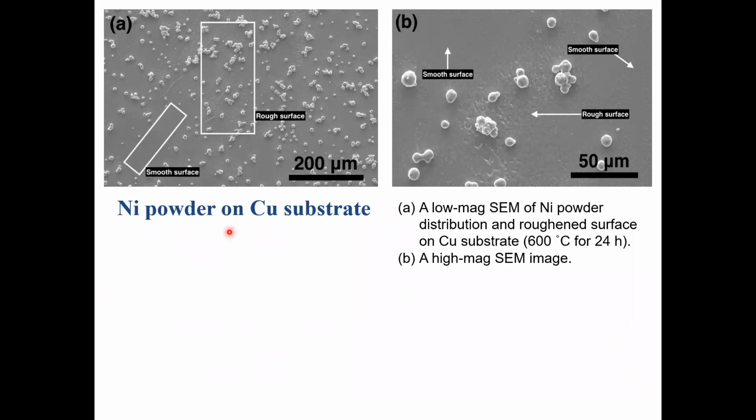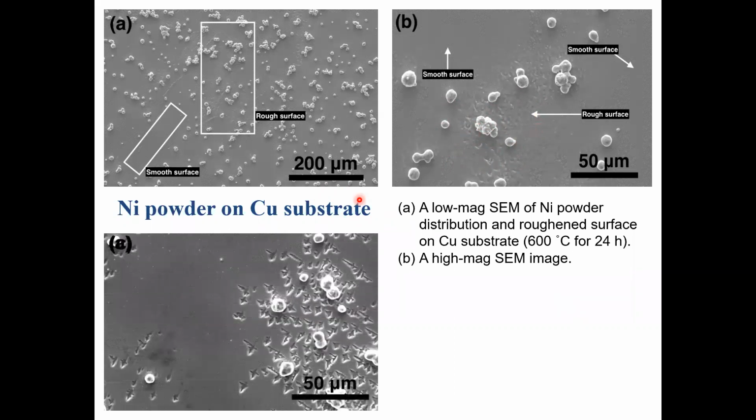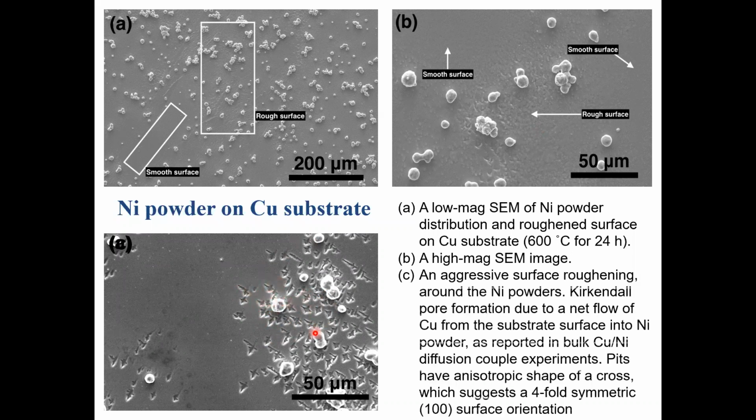So we looked at nickel powder on copper, and you can see, so this is nickel on top of copper, and you can see some features forming. Take a closer look, you see the clear features. These rectangular 4-fold holes are created by this Kirkendall effect because of the difference in interdiffusion rate in copper and nickel.